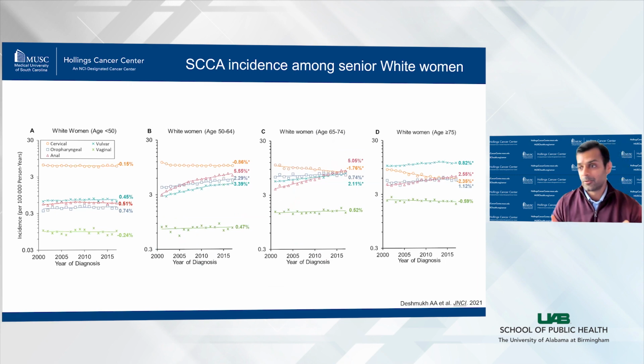What's important to note is that when we compare anal cancer incidence with cervical cancer in the spectrum of other HPV-associated malignancies, particularly among non-Hispanic white women, we see marked increases. Among those in their 60s and 70s, anal cancer has now surpassed cervical cancer to become the most common HPV-associated malignancy. And the gap between anal and cervical cancer is decreasing among white women in their 50s.